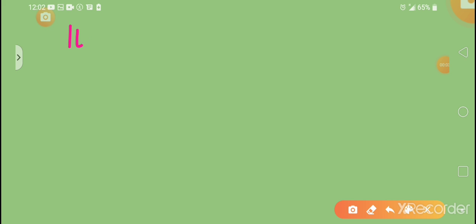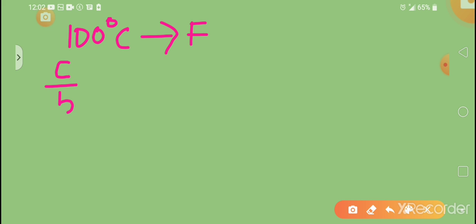So second example, 100 degrees Celsius. We need to convert 100 degrees Celsius into Fahrenheit. Okay, so first we should write the relationship. What is the relationship? C by 5 is equal to F minus 32 by 9.